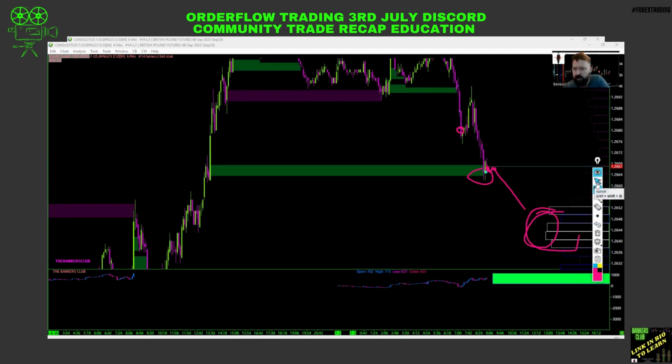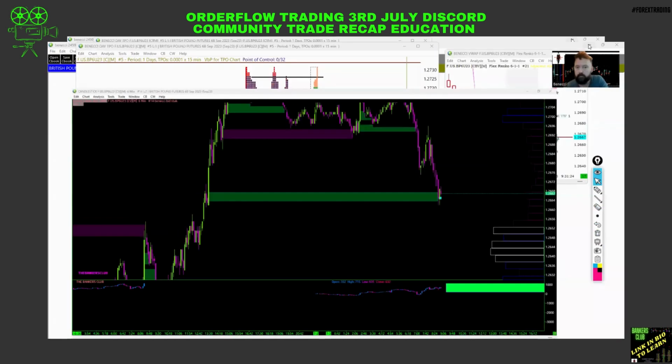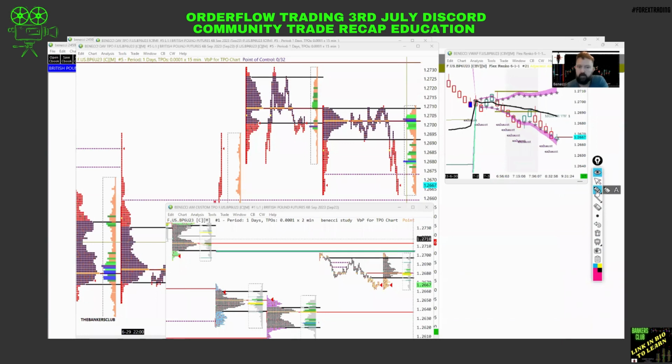So I looked first of all at the weekly, then the daily, split the daily profile, upper distribution from Friday, point of control respected once, twice. And something to bear in mind as well, if we should come back up in the future, we've got a double top here, and you could say we possibly got a triple top because there'd be liquidity there as well. So if we come back up to here again in the future, there's a high probability that we'd trade for it.